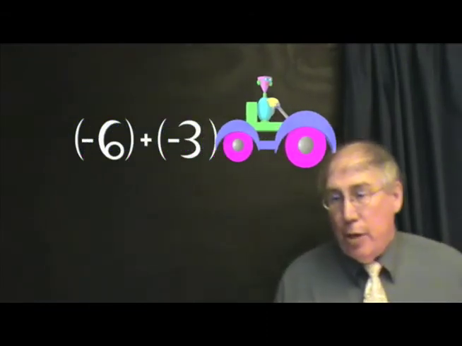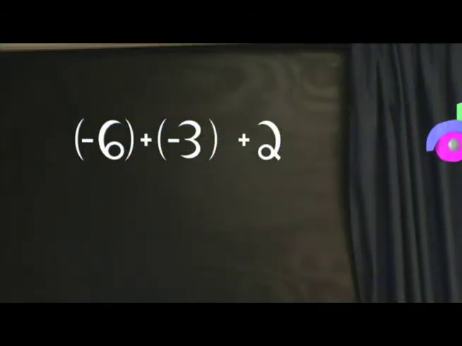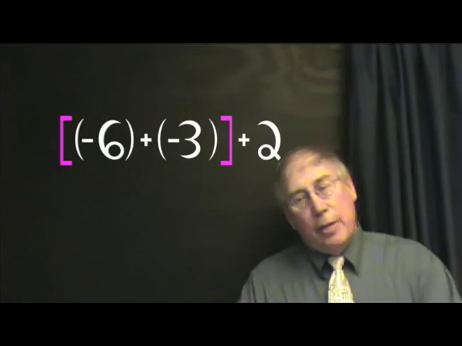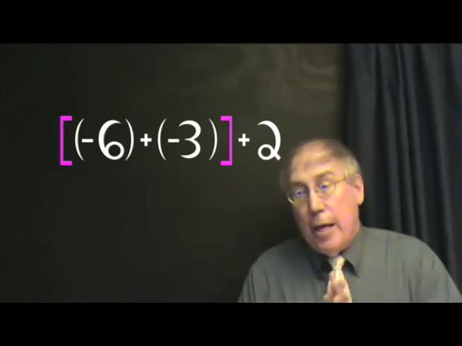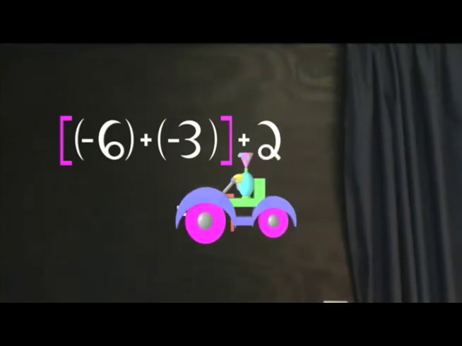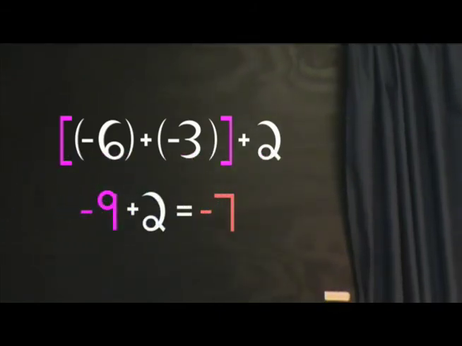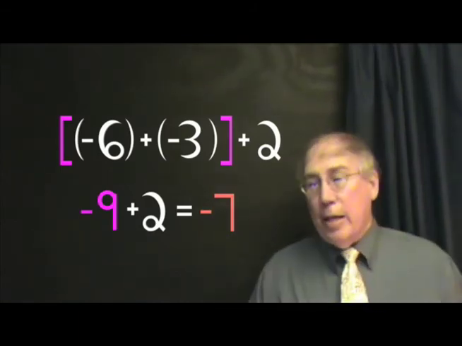We've got one more problem to do, I think, here. Hilbert's going to display it for us. A negative 6 plus a negative 3 plus 2. Now, take the first two, negative 6 and negative 3. They have the same sign, so add them together and put a negative sign with it. And so we'll get a negative 9 plus the 2 outside the brackets.